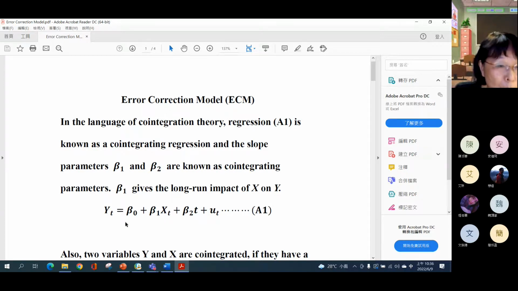Based on the residual of y and x without t, after you do the unit root test of the residual, if it is stationary, we can also say that the original regression is a co-integrating regression.